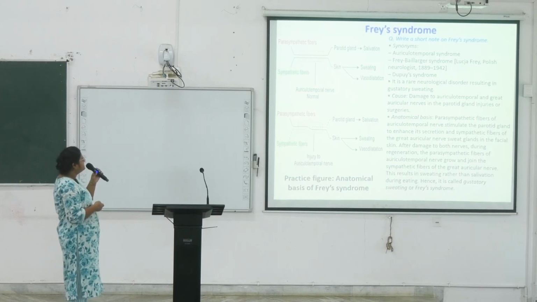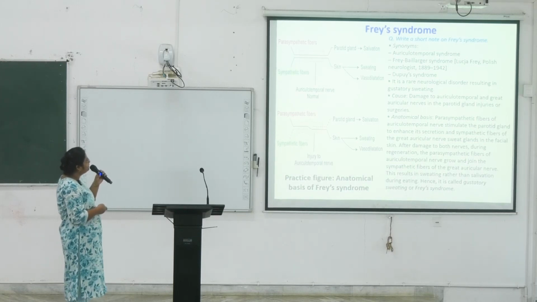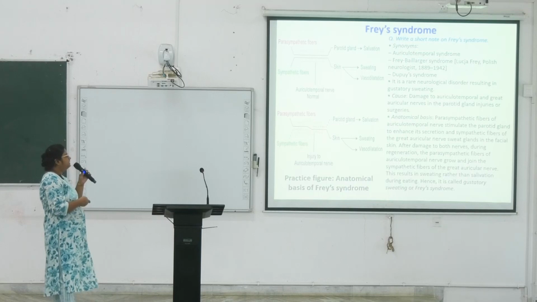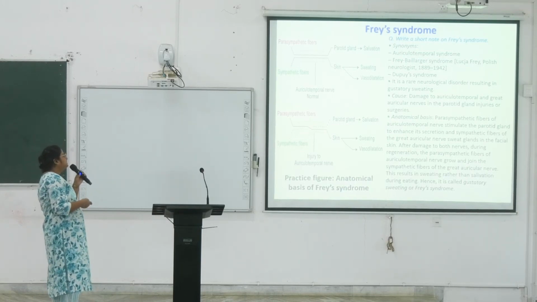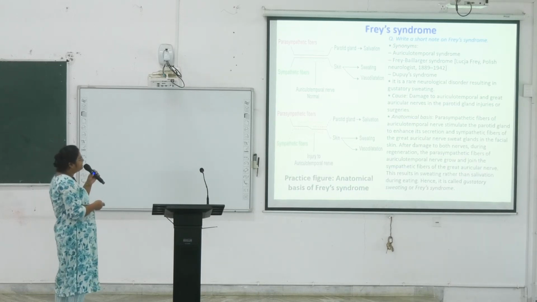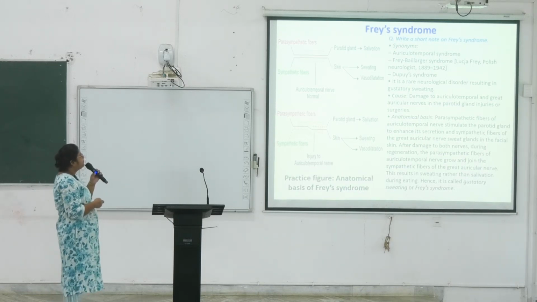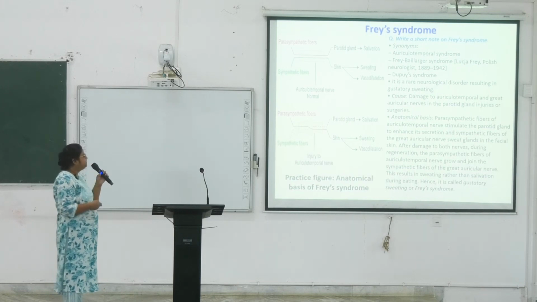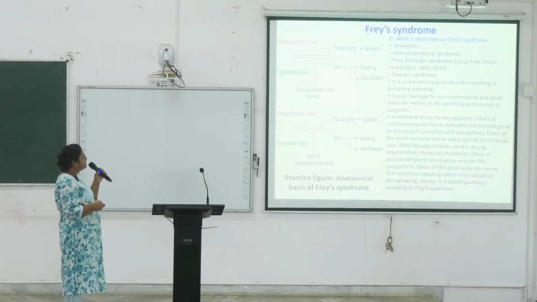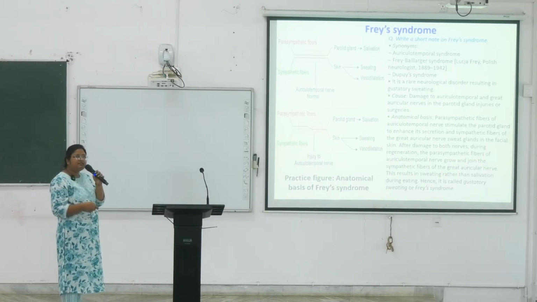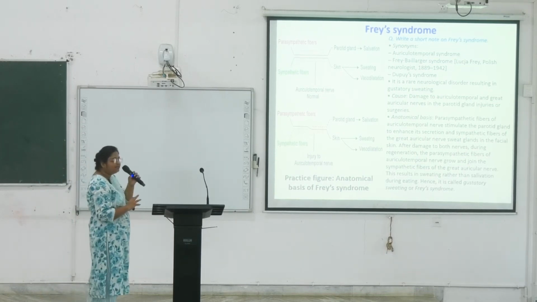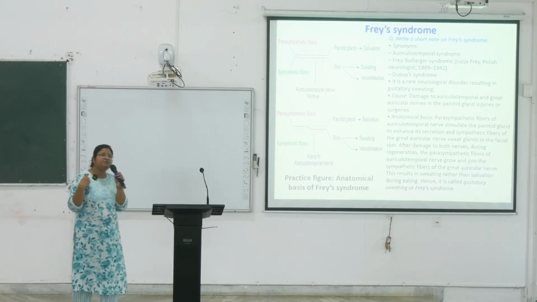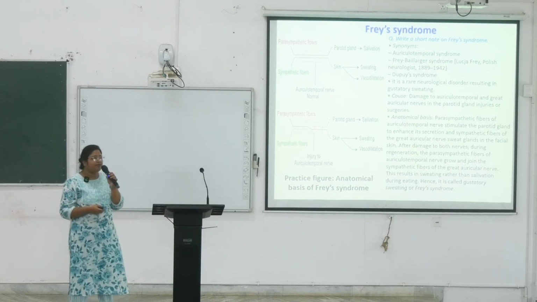Some parasympathetic fibers will be connected to the nerve fibers supplying the skin and causing sweating and vasodilatation, and sympathetic fibers will be connected to the parotid gland for salivation. So during eating, if the parasympathetic fibers are stimulated, it will cause sweating and vasodilatation instead of salivation. Okay, understood? This is a very important clinical aspect. It will also be important during your final years.